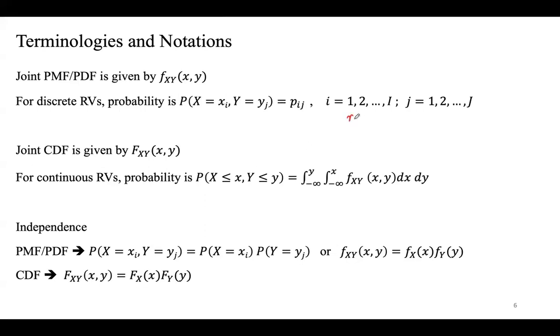So this is how we can denote it: the number of x need not be equal to the number of y. It may or may not be. You will also see that in some of the questions. So this I and j need not be the same. I'll just write that explicitly here: I is not equal to j. They may be equal, but it's not necessary that they will be equal.